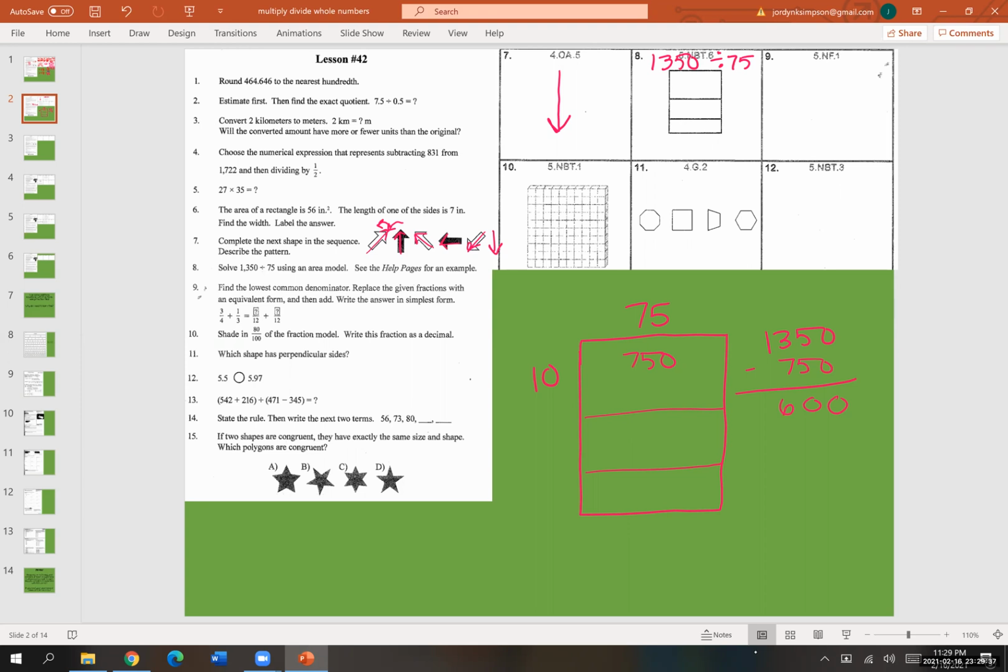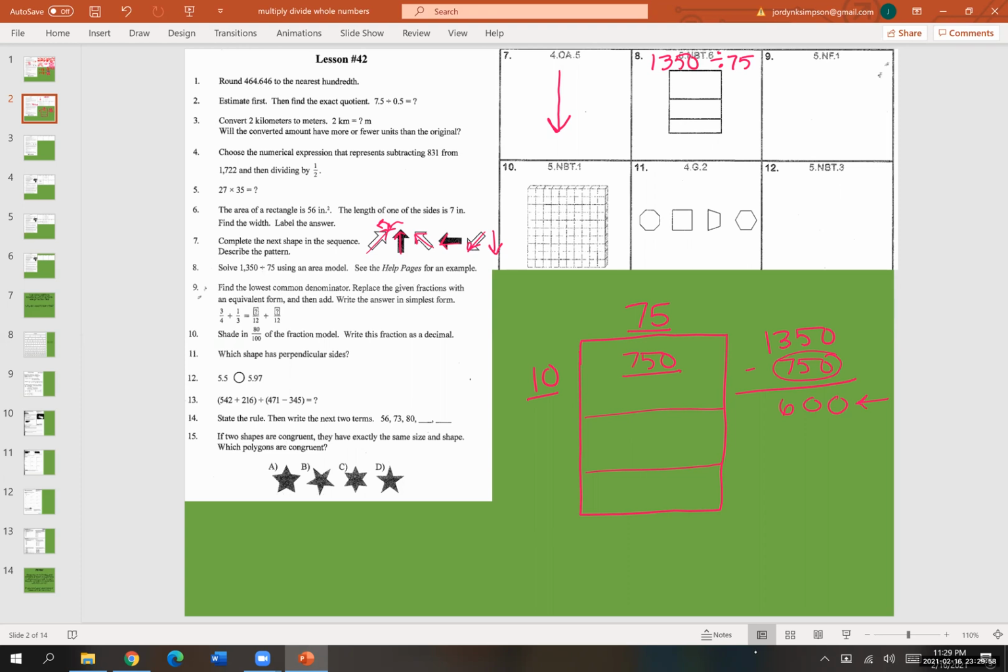So I need to see how many 75s will go into 600, because I knew 10 75s made 750. So I took that 750 out, leaving me now with this 600. So how many 75s are in 600? Well, I do not know that right offhand.